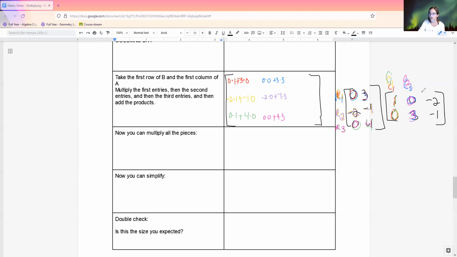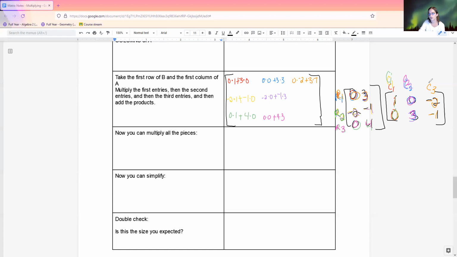All right, row 1 times column 3. Row 1, column 3 should be here. 0 times -2 plus 3 times -1. New color.